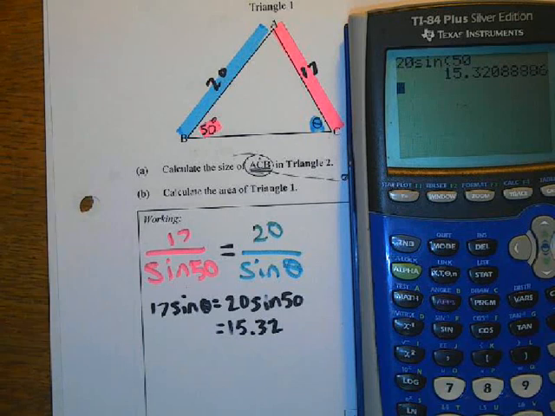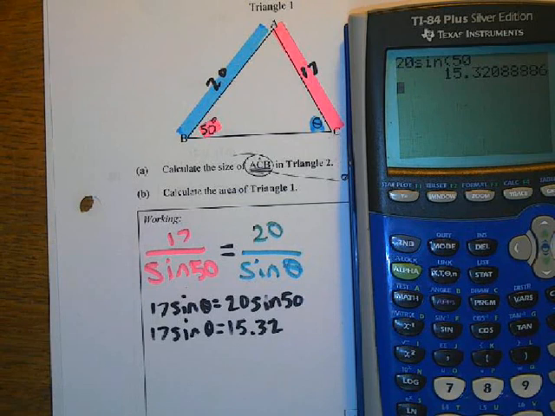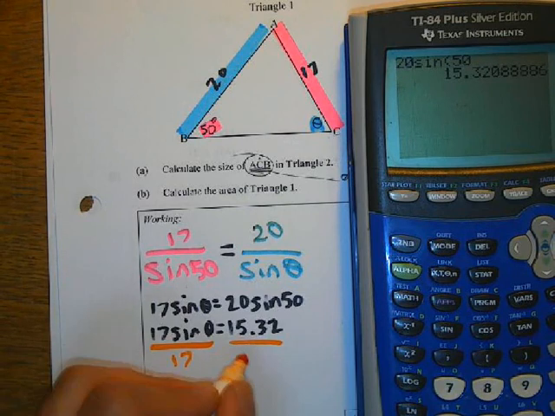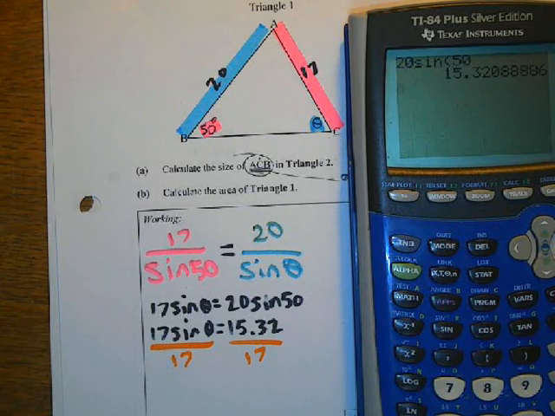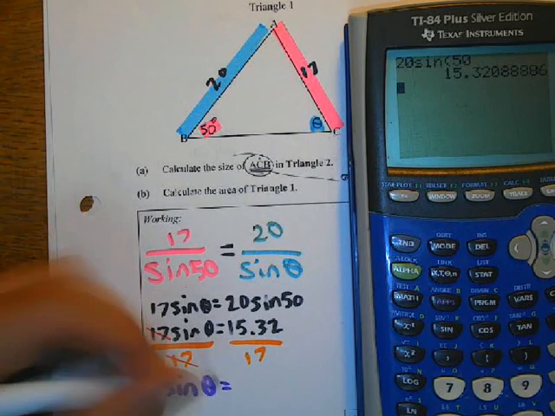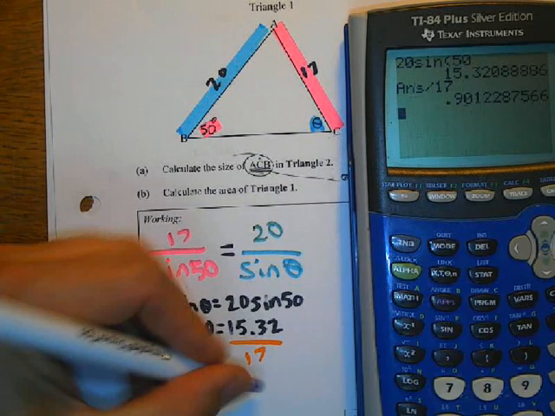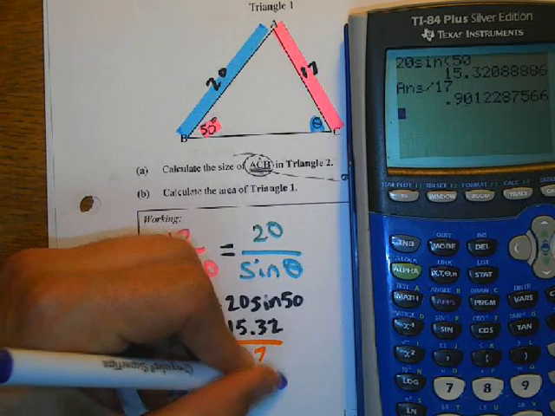So I've got 17 sine theta equals 15.32, and then I'm going to divide both sides by 17 in order to make this cancel out. Then sine theta equals 15.32 divided by 17, and I get 0.9012.